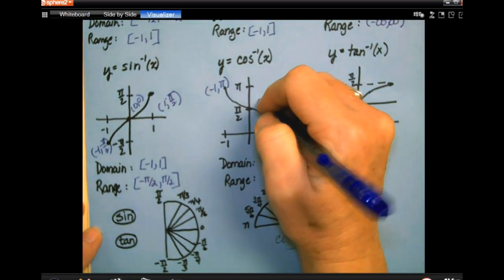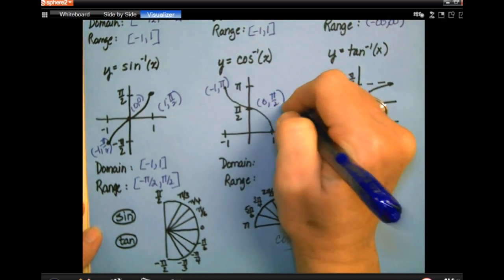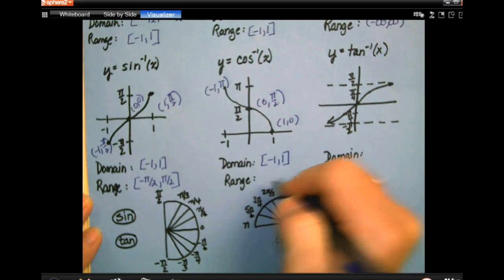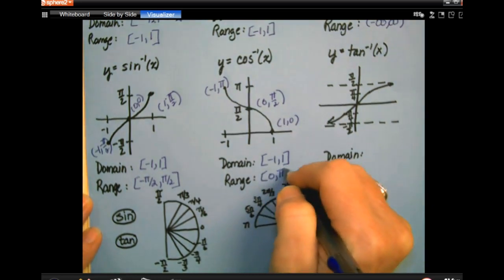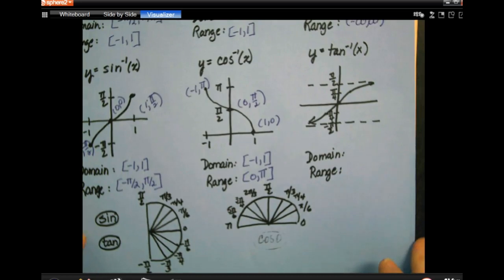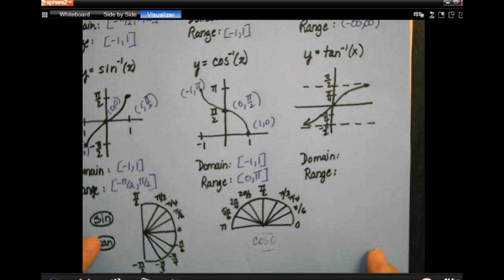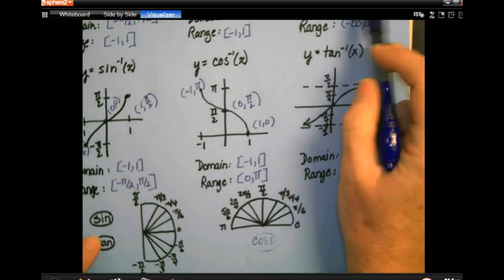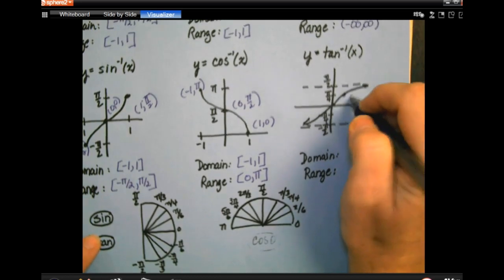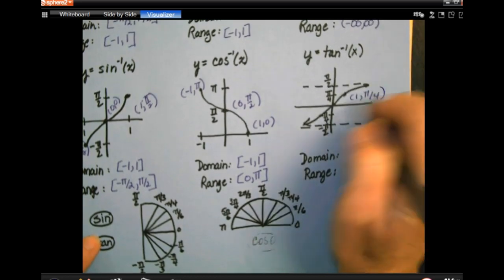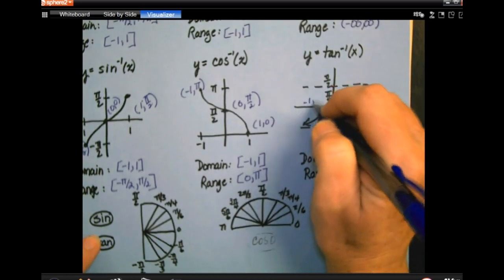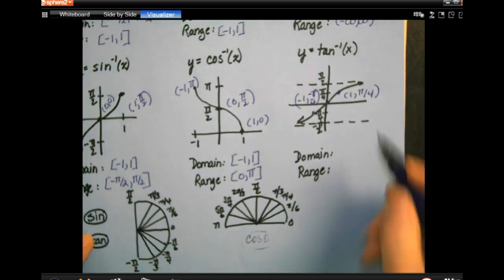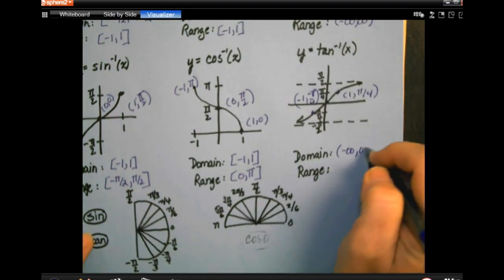And this one is 0 and pi over 2. If we switch the tangent, the pi over 4, 1 is going to become 1 and pi over 4. This side is negative 1, negative pi over 4. And the 0, 0 doesn't change.